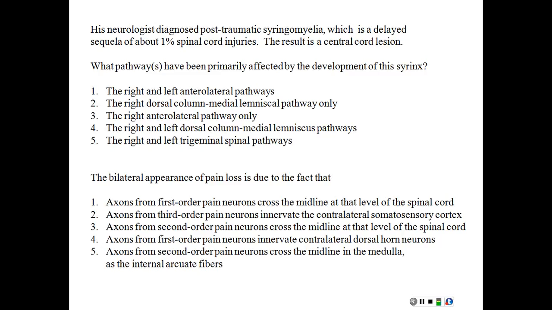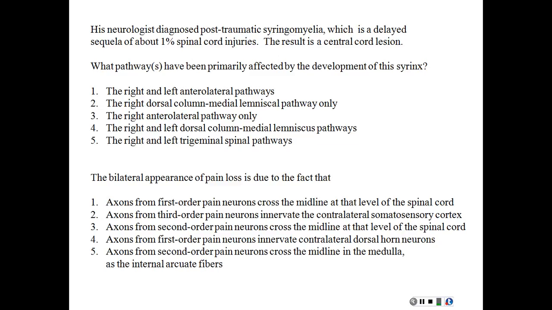So now we have to draw on our knowledge about the anterolateral system. Now we're only looking for one correct answer. So let's just go through it. Axons from the first order pain neurons cross the midline at the level of the spinal cord. That's false. The first order axon innervates neurons on the same side.